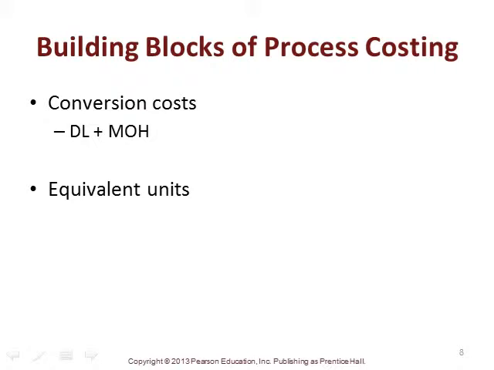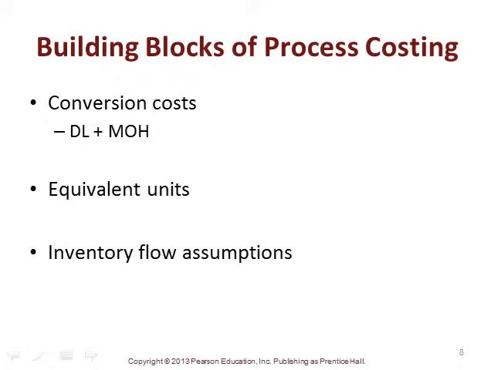There's no difference between the two. Well, I may have partially completed units in my inventory before I transfer into the next process or next department, and so we have to calculate or convert the number of units that I'm moving into equivalent units.